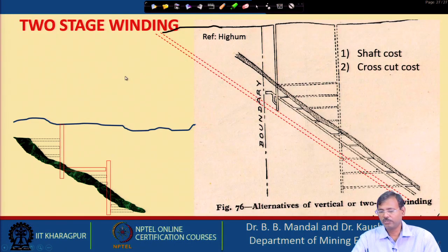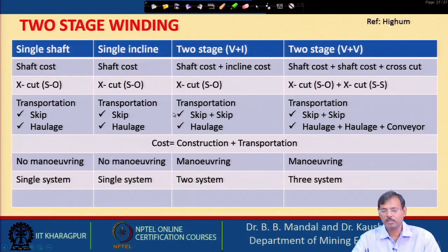These are different examples of the two stage winding. This is one incline and two stage winding comparison. We have to consider the shaft cost, the cross cut cost, and apart from that we need to consider the cost of the transportation.